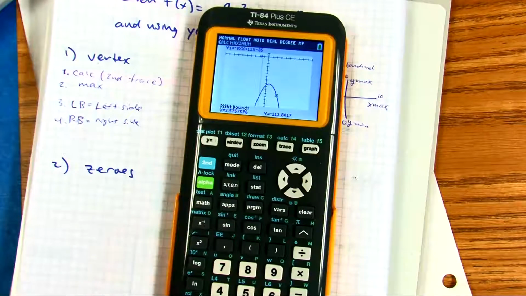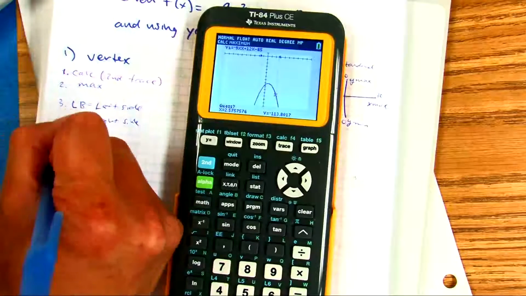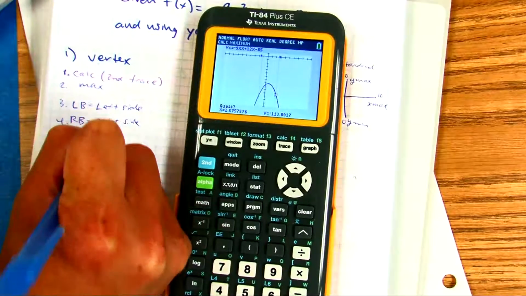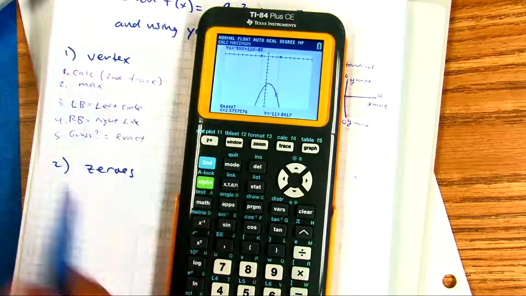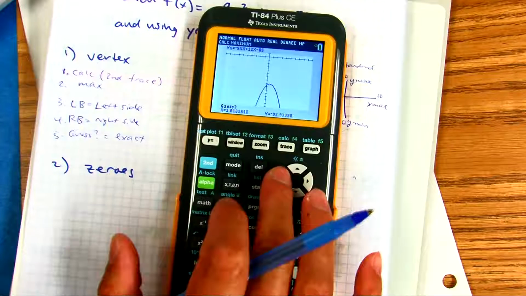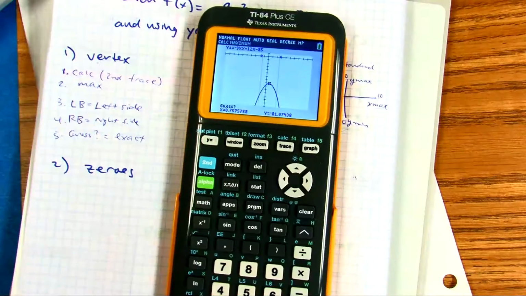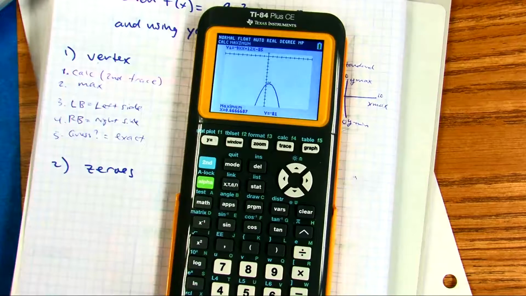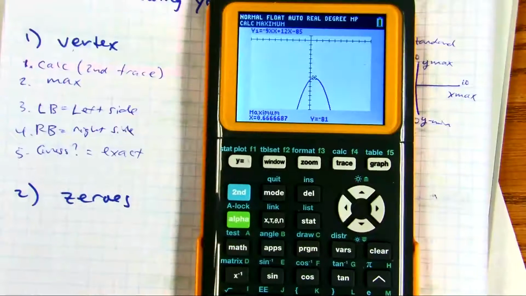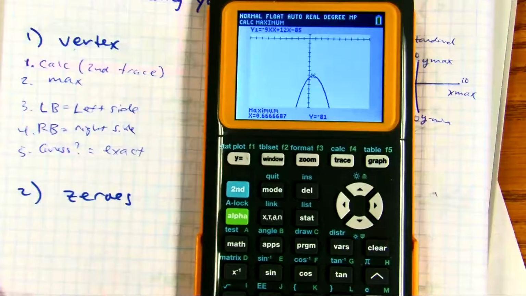Everyone say exact. We're going to try to exactly hit the vertex. There it is. What do you think that means, class? It is the vertex. If you put it as decimals, you have something like 0.667, comma, negative 81.